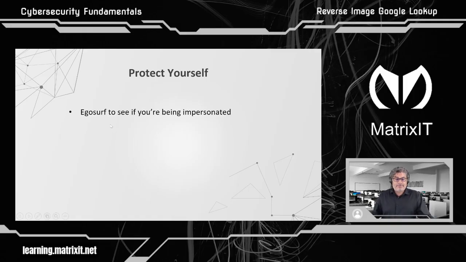Put your name and then a specific website or a PDF and see if you come up somewhere. If you're being impersonated, I'm not saying you're going to be impersonated, but you may find something in there. It's like, oh, that's kind of cool, or oh, uh-oh.